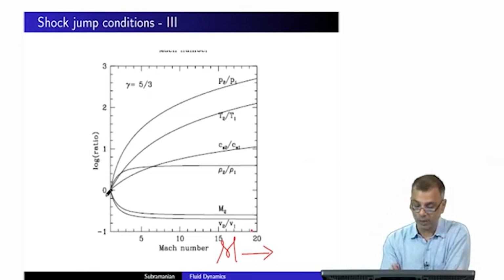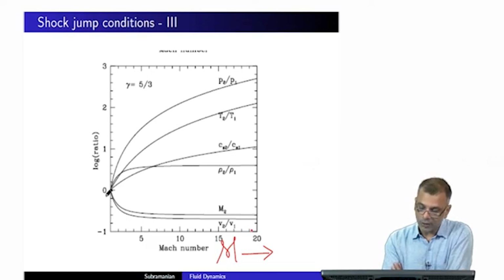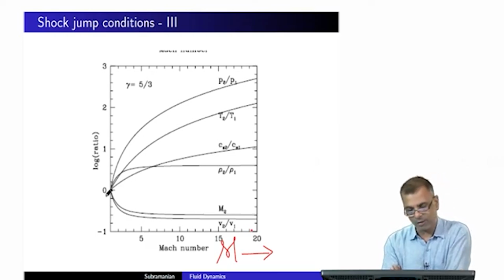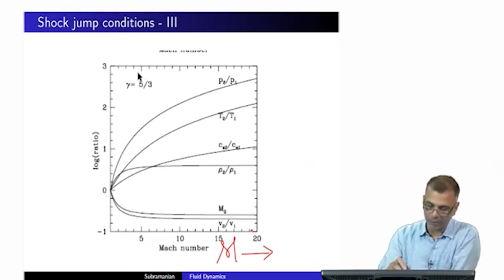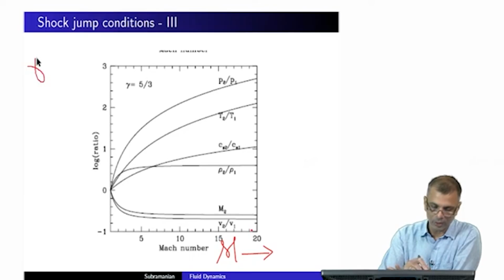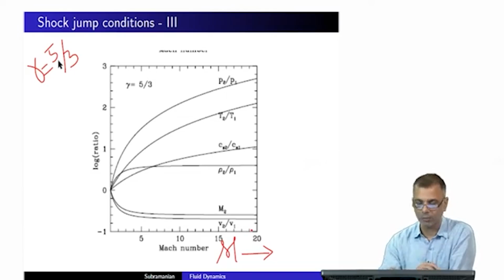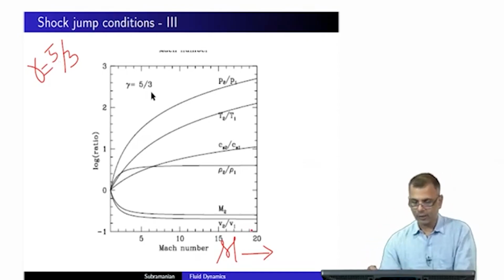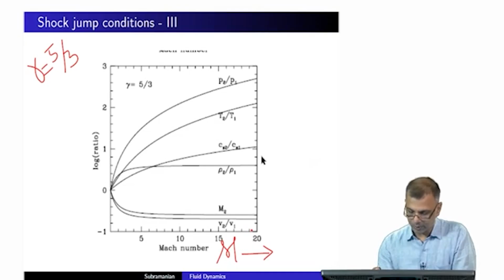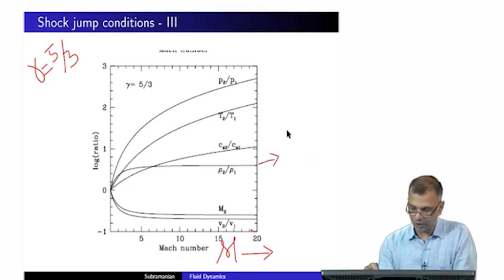What are the main things to be noted here? This is a rather busy graph, and in this particular case we have taken gamma to be equal to 5/3. It need not be the case; you can take gamma to be any other number, but this particular graph is plotted with gamma equals 5/3. So let us first look at the density jump. This curve represents rho 2 over rho 1.